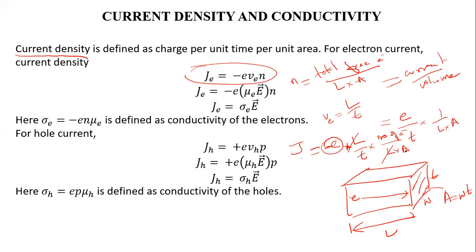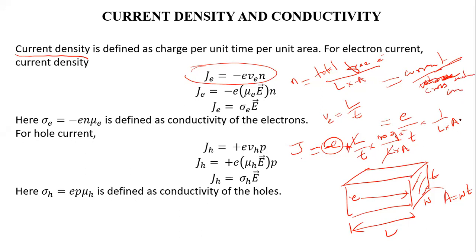And per unit area. Sorry, when we talk about current density, we always talk about current per unit cross-sectional area.